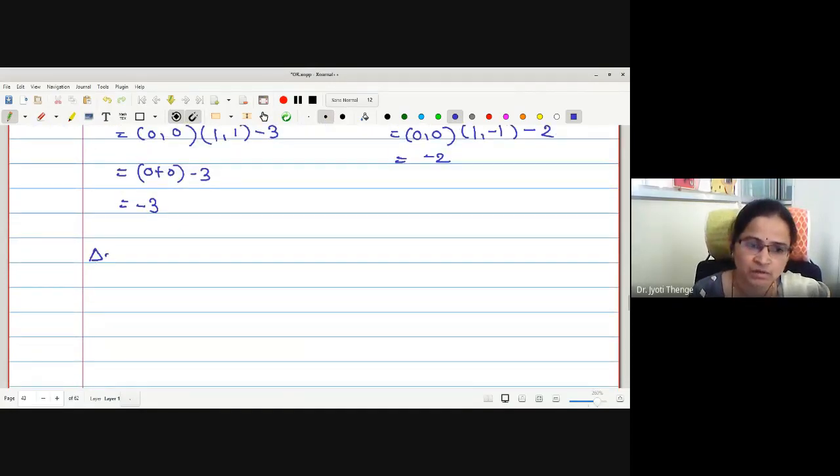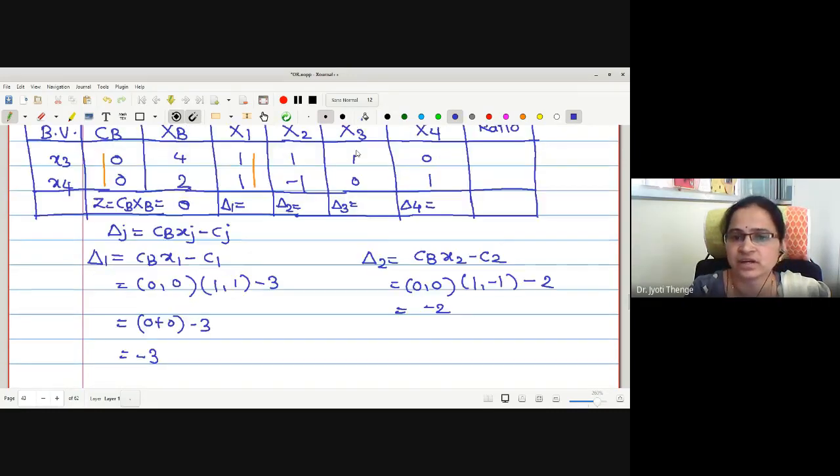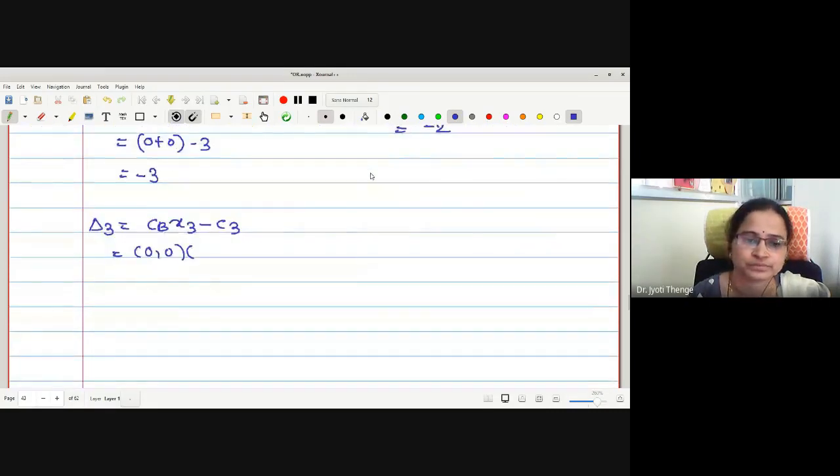Delta 3. CB x3 minus C3. CB is 0, 0. The x3 vector is 1, 0, right? Yes, ma'am. Minus C3, which is 0. Therefore 0 into 0, this is 0, minus 0 is 0. What for delta 4?